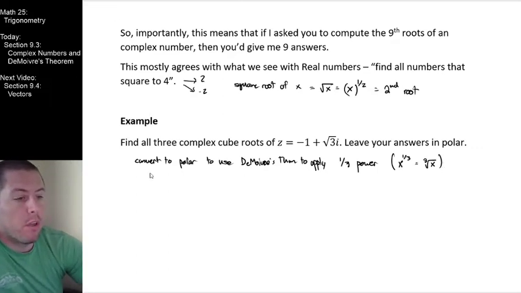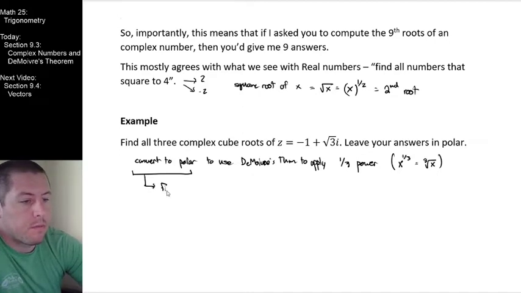So to convert to polar, first, let's go ahead and find r. Z equals -1 plus root 3i.